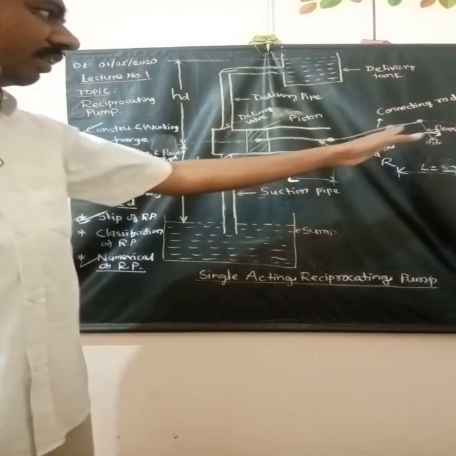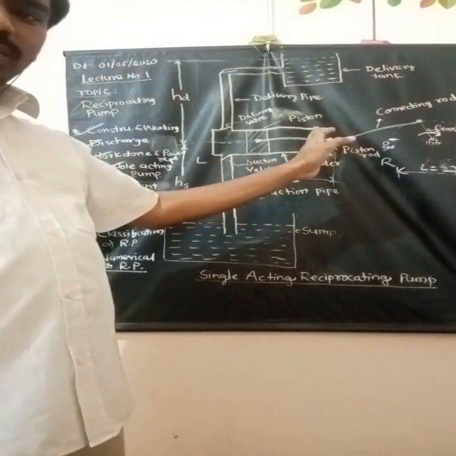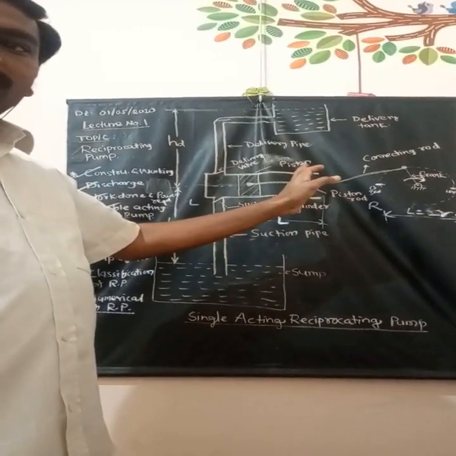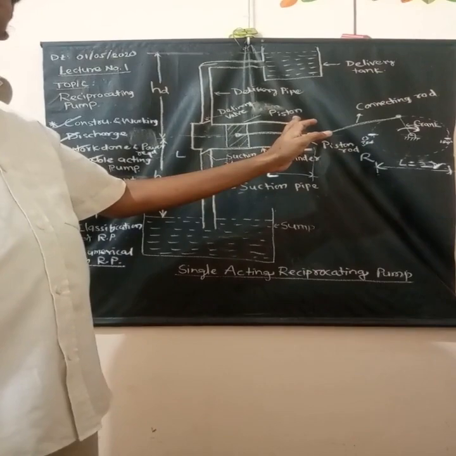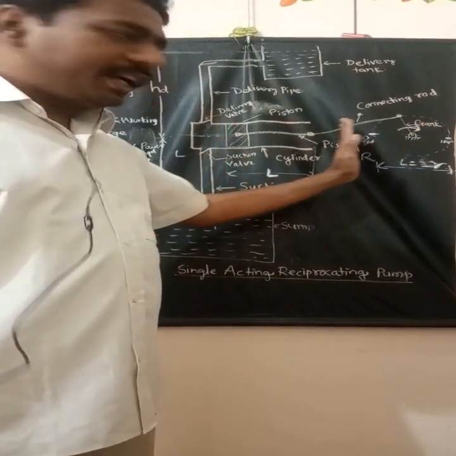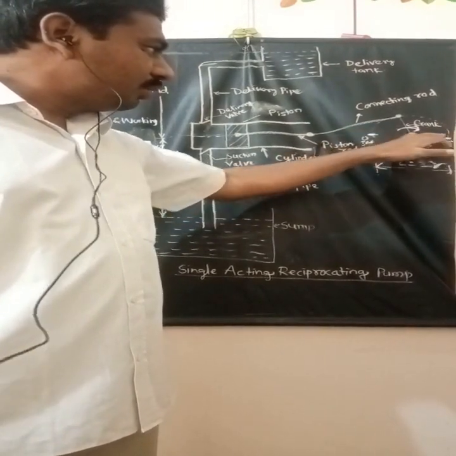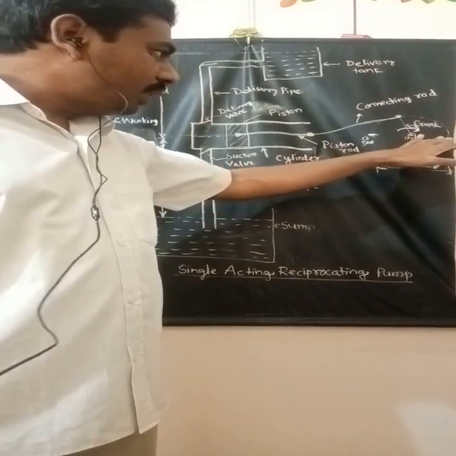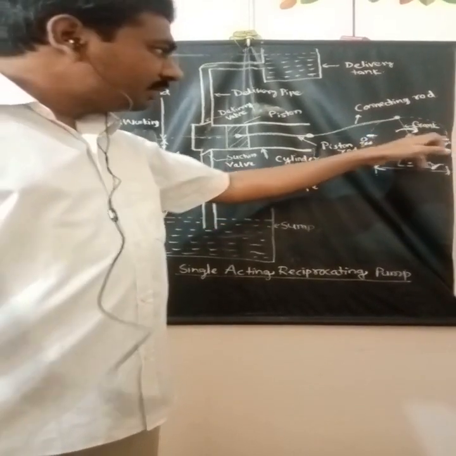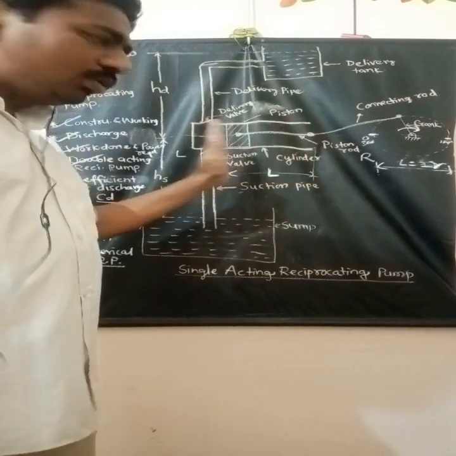When the crank rotates from 0 degree to 180 degrees, the piston moves from left to right. In the next rotation of the crank, from 180 degrees to 360 degrees, the crank is rotating in a clockwise direction, and the piston moves from right to left.